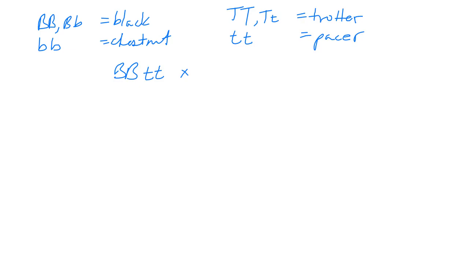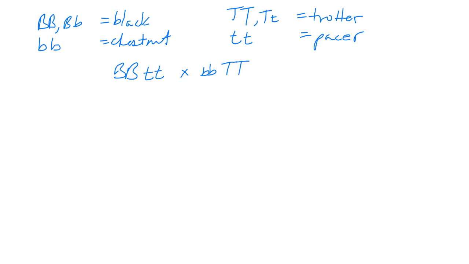And we're going to cross that individual with a chestnut homozygous trotter. So it's chestnut, has to be little b little b, and it's a homozygous trotter, big T big T. Right, so this is what we're being told in the problem.